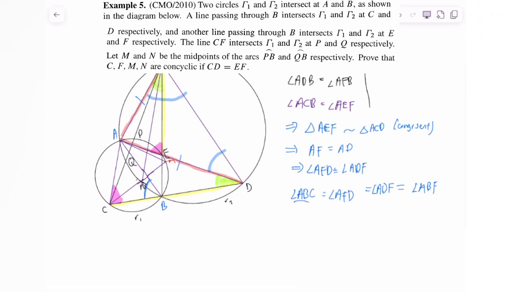So ABC is equal to ABF, so the line AB is the angle bisector of angle CBE.